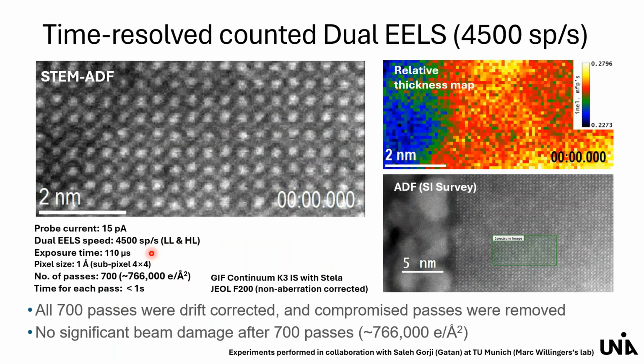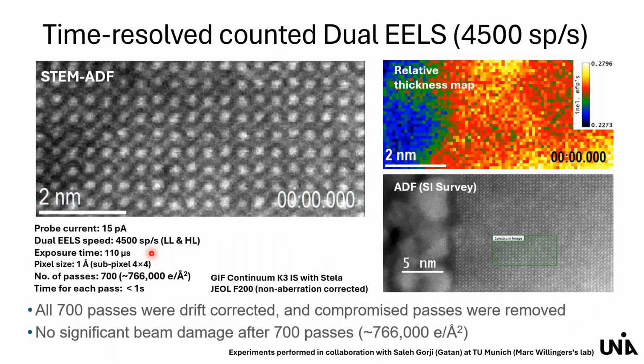Yeah, good. And this is the key here, because first of all, we get a very nice super resolution ADF image, and that is used for the continuous drift correction. The drift correction is basically continuous, meaning that it's not going back and forth to another region. It's doing drift correction from the same area that you are acquiring the data.